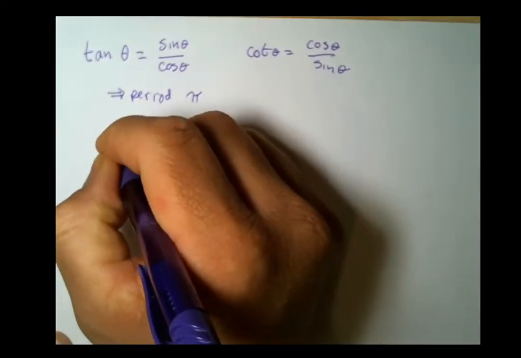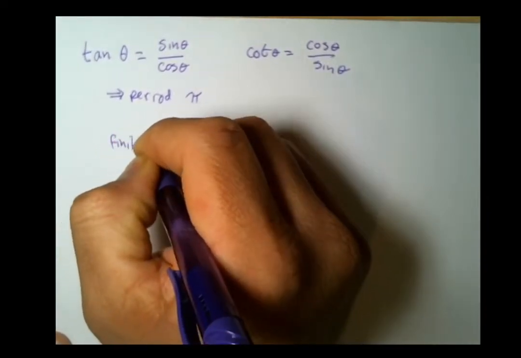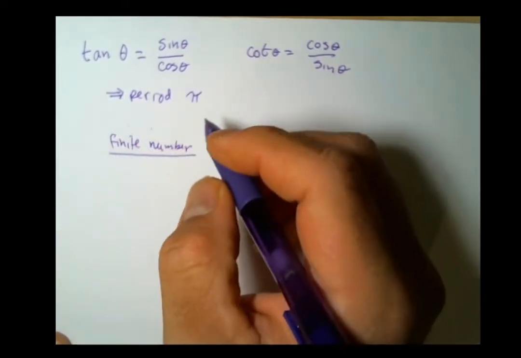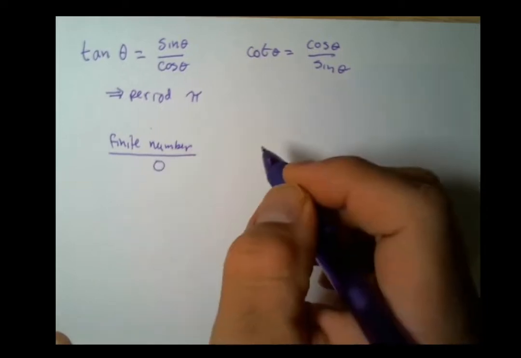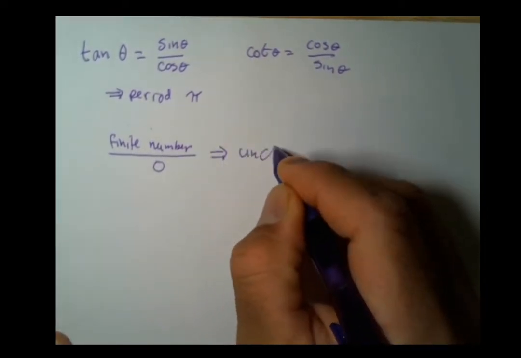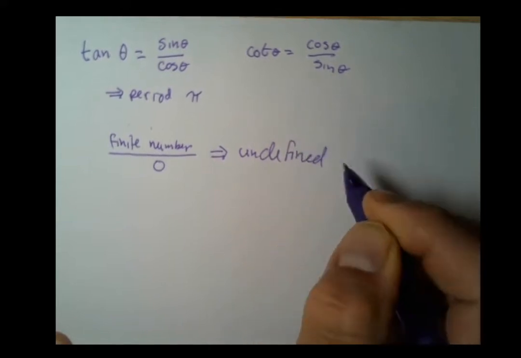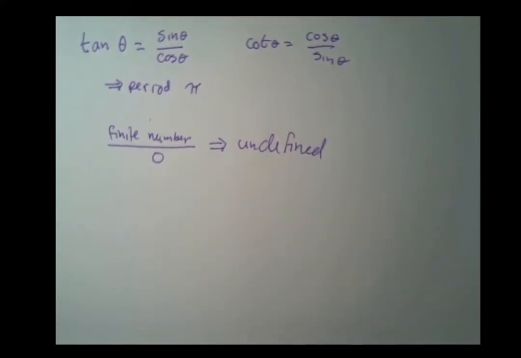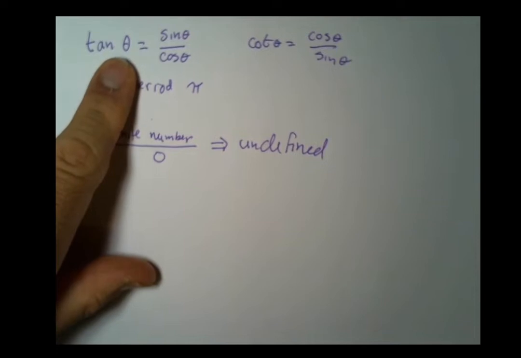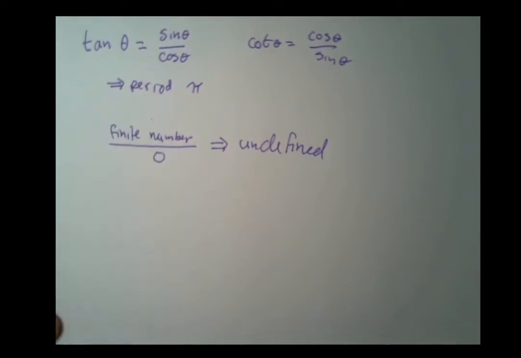So whenever we have some finite number and we divide by 0, this is undefined. Okay, so we'll keep that in mind. So we'll notice here that when dealing with the tangent, when the cosine of theta is 0, then we're going to have an undefined value for our graph.